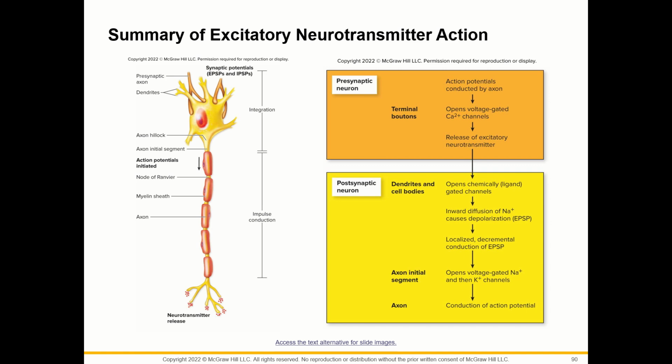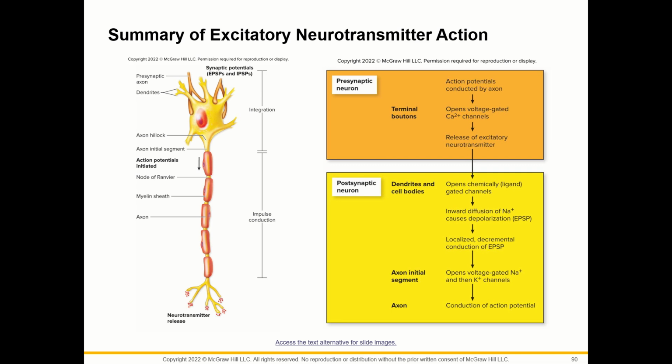But here you see 7.24 showing the functional specialization of different regions in a multipolar neuron. Yeah, this is pretty cool. So this is the receptive area up here at the dendrites. You can see that it's getting EPSPs and IPSPs from all kinds of different presynaptic neurons. And so they're going to integrate it through that process of summation. If we add EPSPs together, we can get our threshold reached.